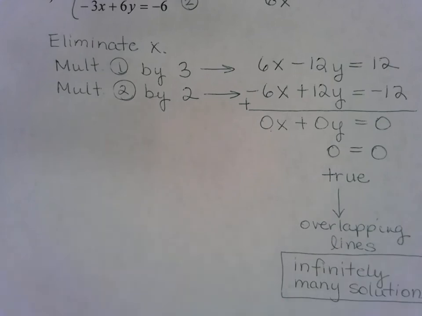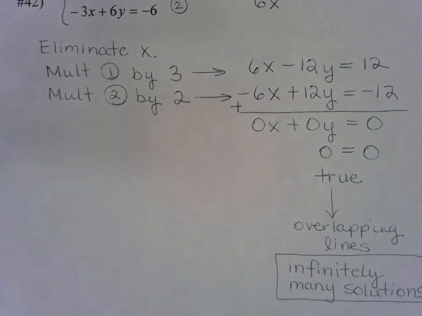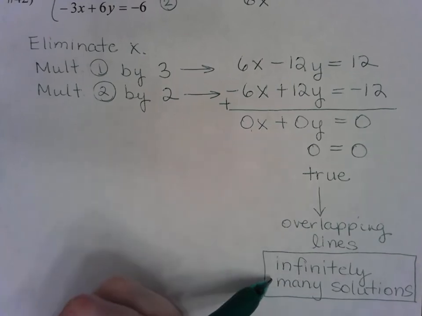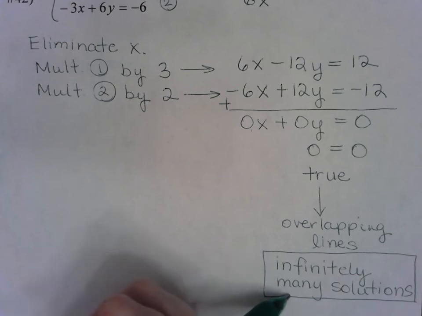Okay, now I want to say a couple more things about that. First of all, let me say that there is a more complicated way that you can represent the points on these overlapping lines, right? So besides writing this as our answer, we could go into more detail. I'm not going to ask you to do that in my class, but you could.